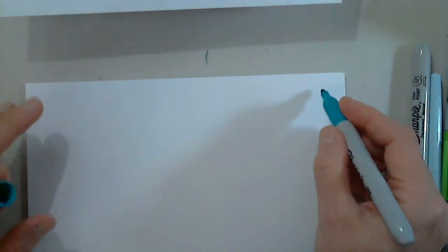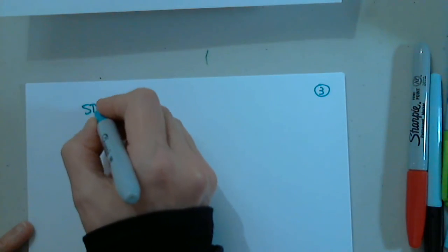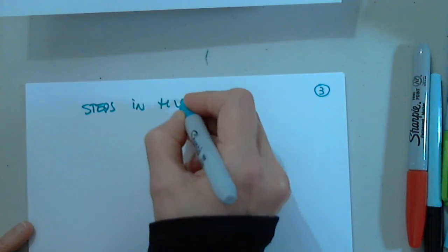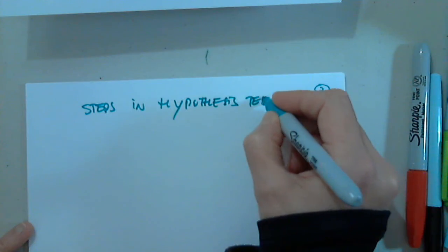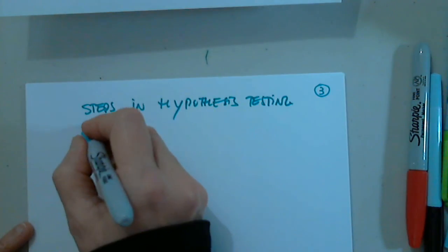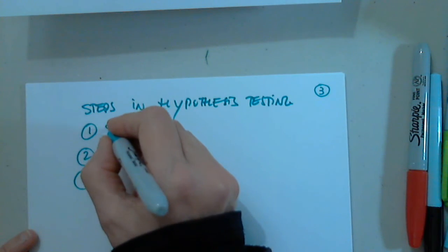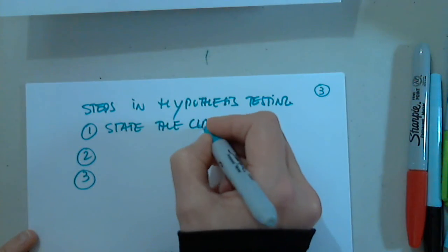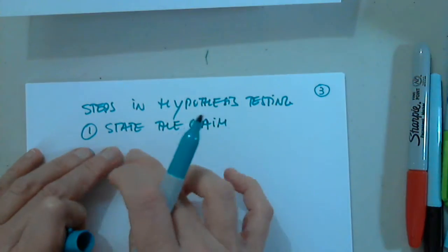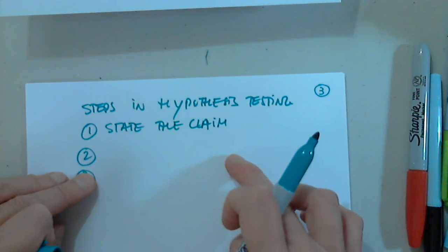Good. So our next step. Steps here in hypothesis testing: there are 3 steps. We formulate or state the claim. You state the claim before you collect the sample.